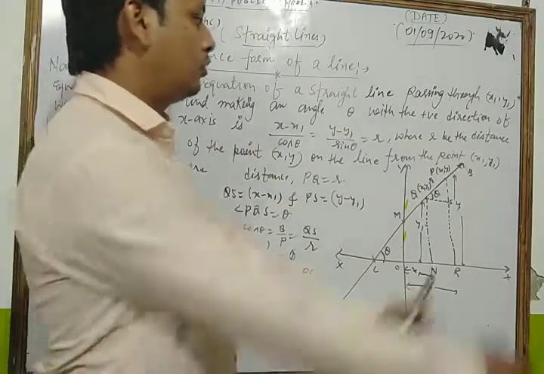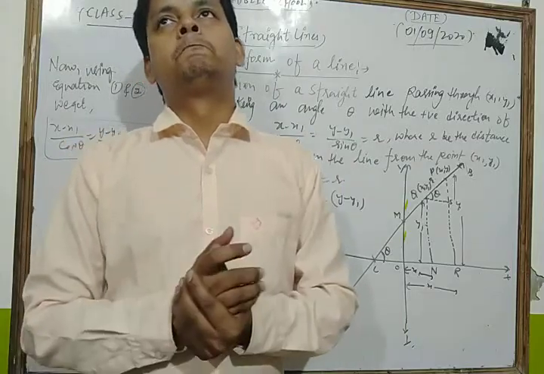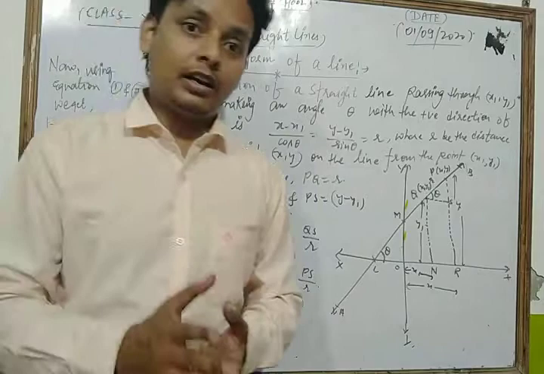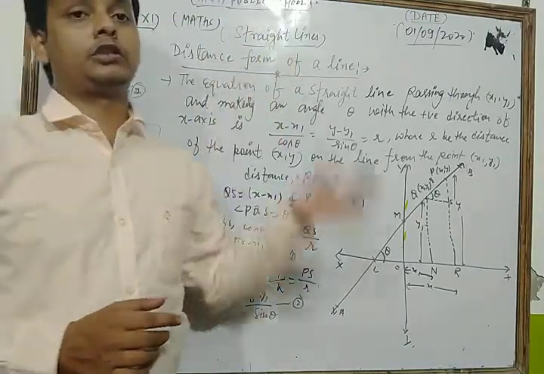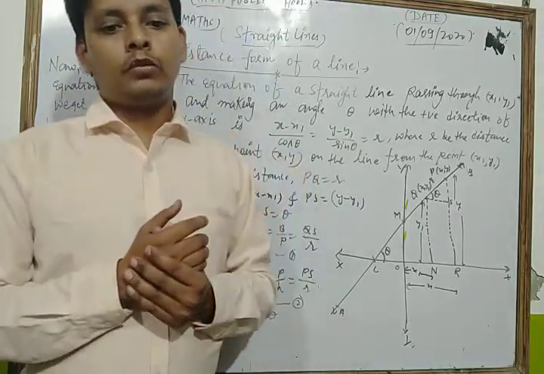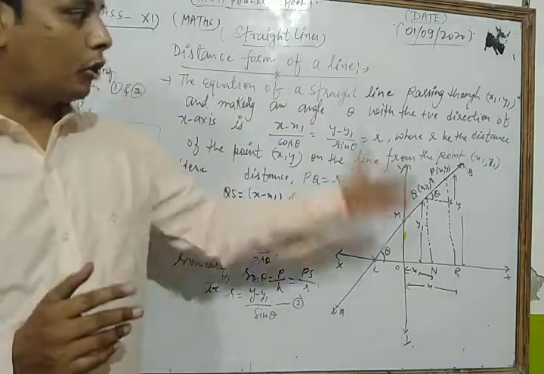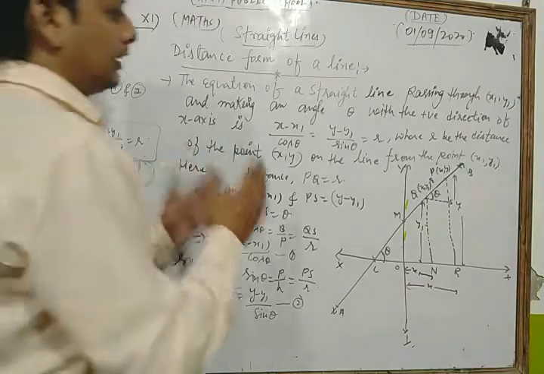So now, dear student, in today's class we solved some questions based on the equation of a line in normal or perpendicular form, and after that we discussed the equation of a line in distance form. This is the distance form of a line. First, dear student, you revise all the topics which we discussed in this class.